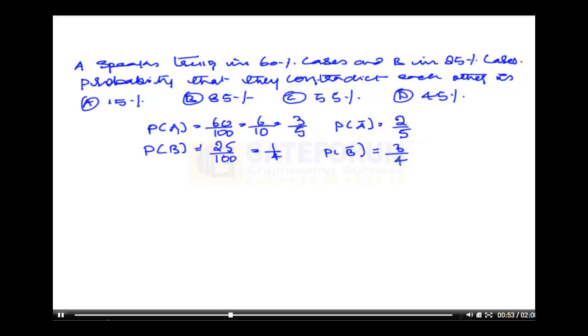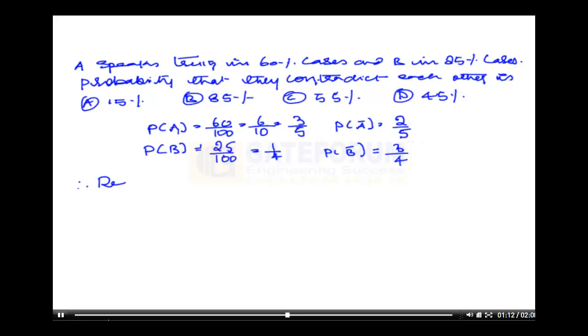The question here, we have to find the probability that they are likely to contradict each other. Means if A speaks truth, B should not speak truth. If B speaks truth, A should not speak truth.